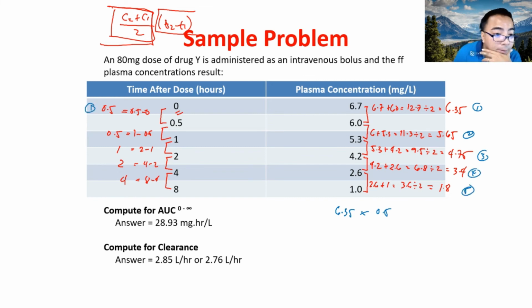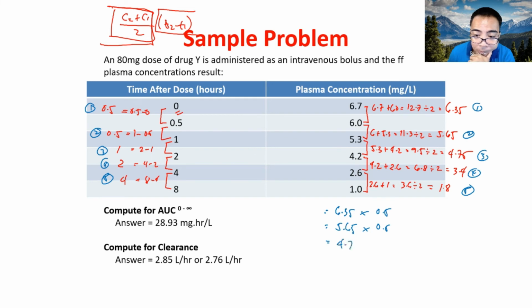Lagyan natin ng label para hindi tayo malito. 6.35 times 0.5, 5.65 times 0.5, 4.75 times 1, 3.4 times 2. And then 1.8 times 4.